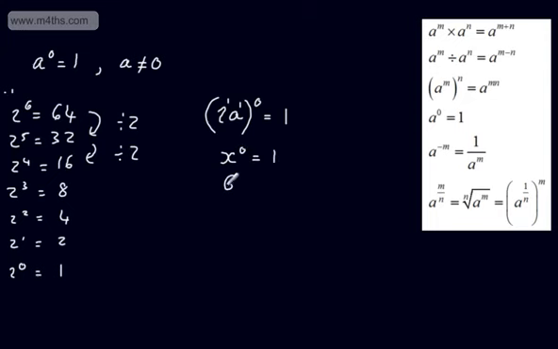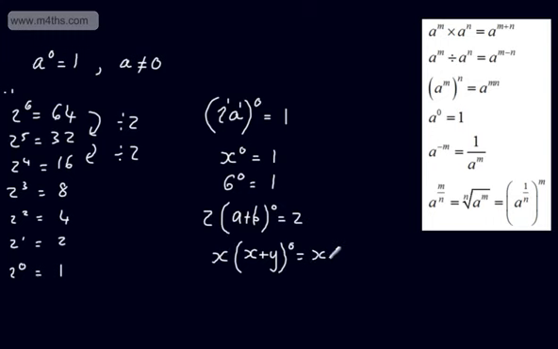If we had 6 to the power 0, that's going to be 1. If we had now 2 and then a plus b raised to the power 0, then the bracket here will give me 1. 2 times by 1 will give me 2. If we had, for example, x and then we had, let's say, x plus y raised to the power 0, that's just going to give me x multiplied by 1, which will end up now with x.